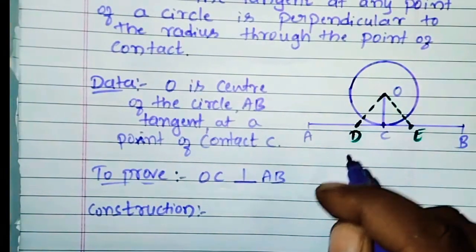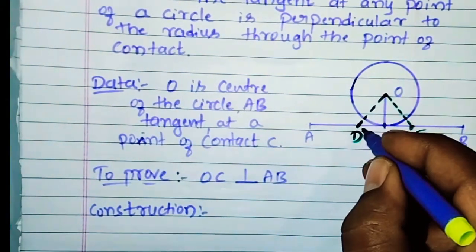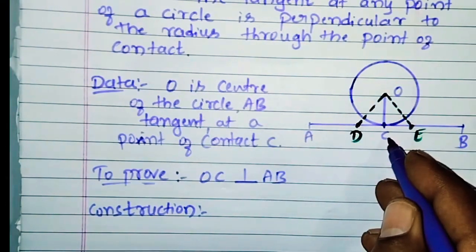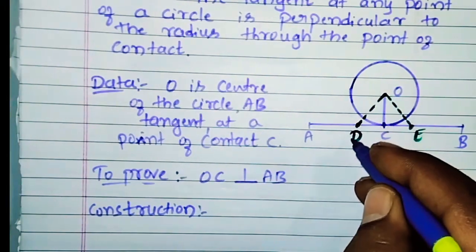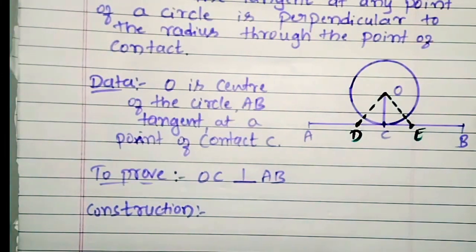AB is a tangent. I mark the points D and E on the tangent AB on either side of C, and join them with O. That is what I have to write in the construction.